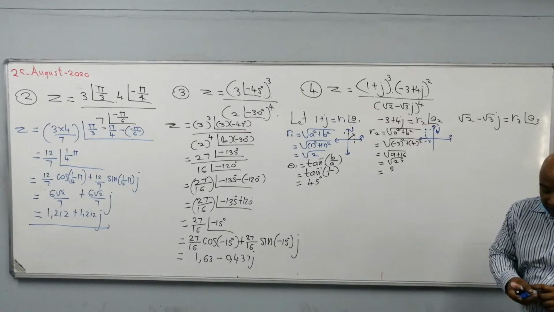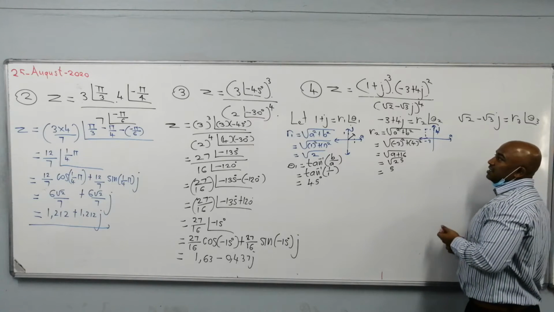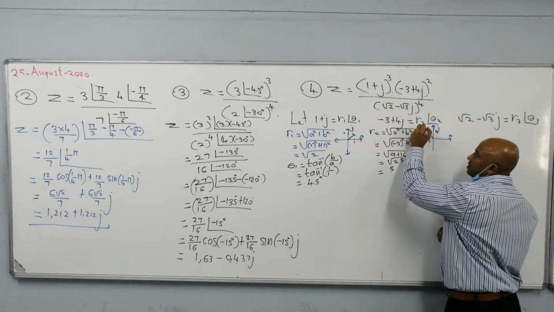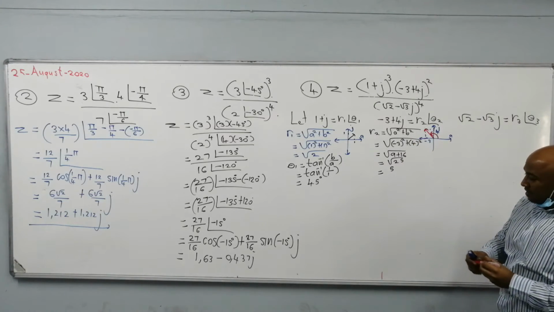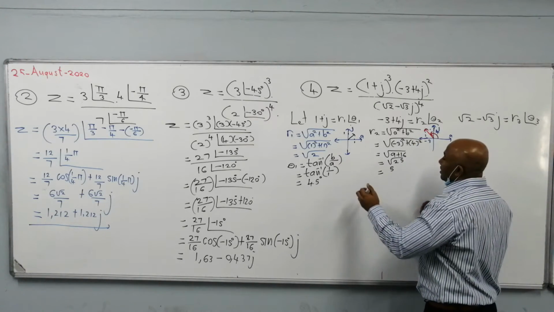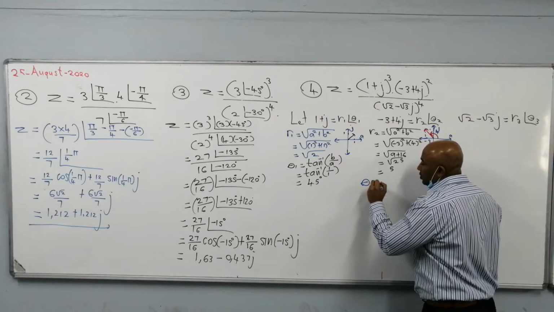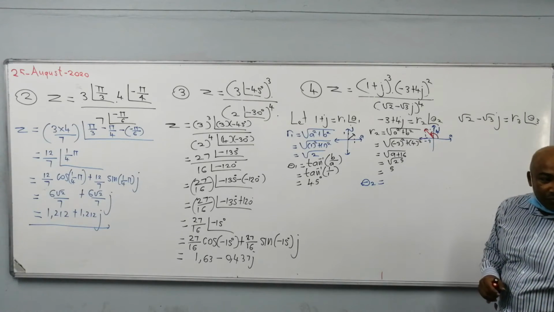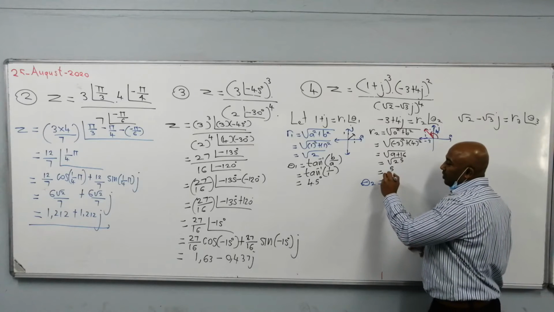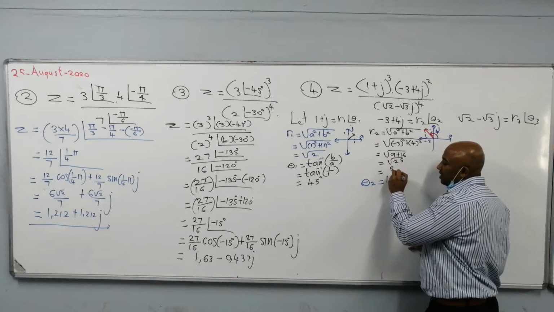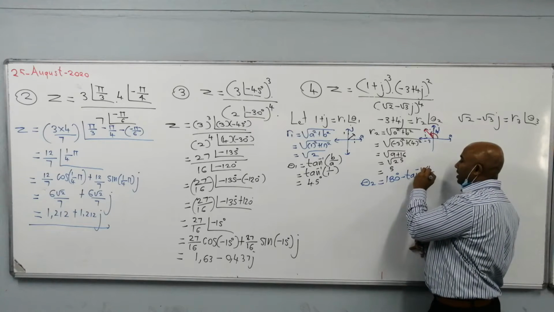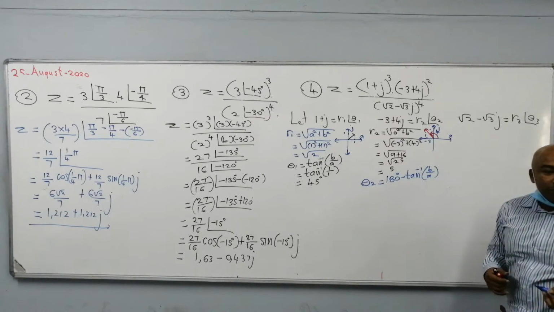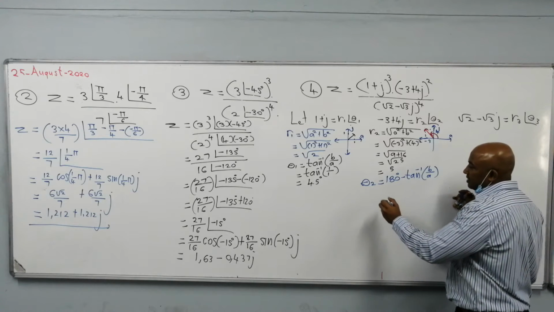So your angle theta lies in the second quadrant. Therefore theta 2 will equal, in the second quadrant, 180 minus inverse tan b over a, and we use the positive values here, remember that?